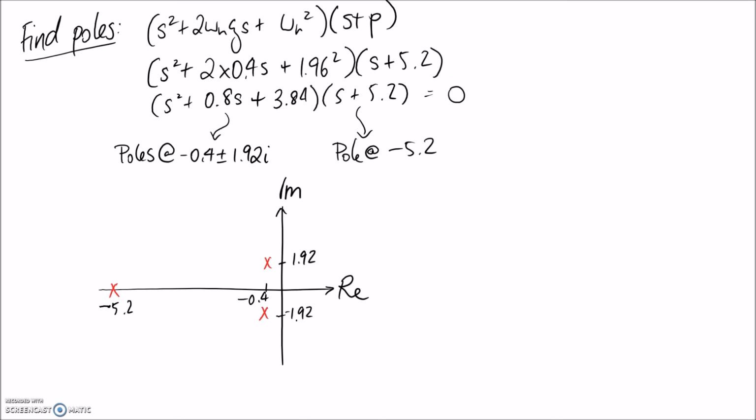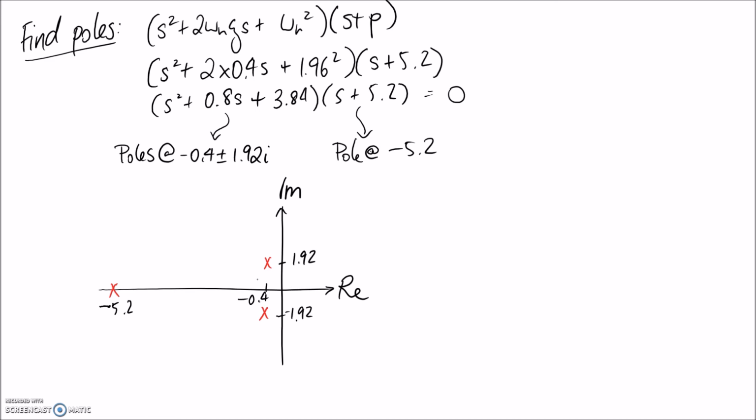So for dominance, the further a pole sits from the imaginary axis, the less impact it's going to have on the result. So what we have is this 5 times rule of thumb, which we can apply. If a pole is more than 5 times further from the imaginary axis than other poles, then it's going to have a negligible impact on the response.